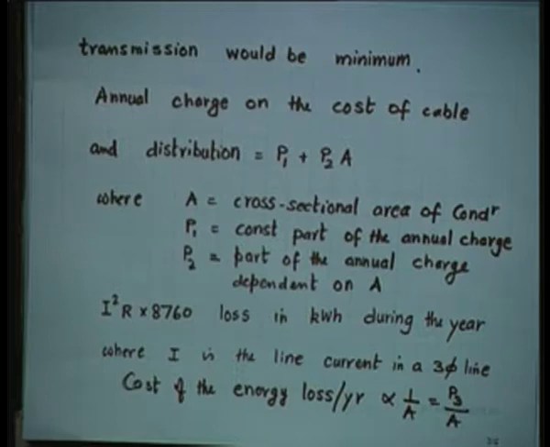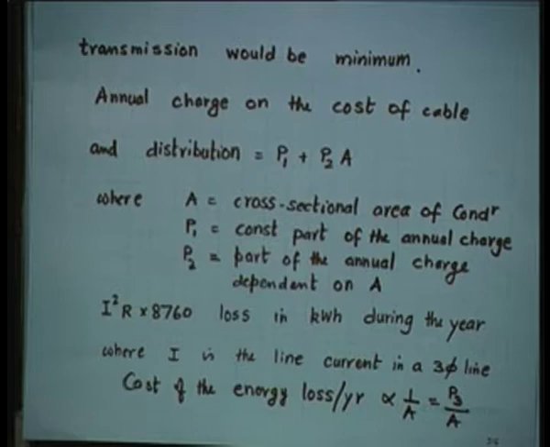Rho is fixed once you fix the material, L is fixed once you fix the feeder or transmission line or distribution line. So, what is variable is A, that is all you are allowed to vary, the rest is given to you: you have to transmit power from this place to this place, you have to distribute power from this place to this place. So, length is fixed.